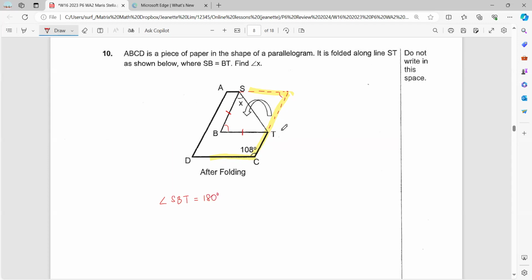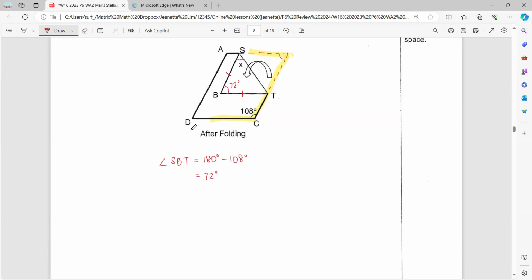This and this add up to 180. So I will take 180 minus 108, which is 72. So this is 72 degrees. How do you find X? We take 180 minus 72, divide by 2, because these two angles are the same.